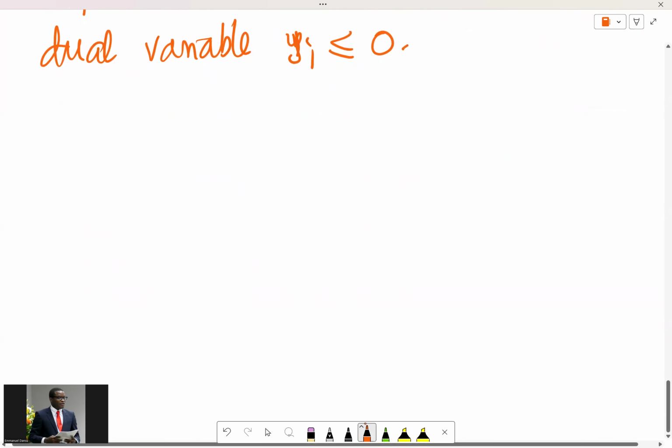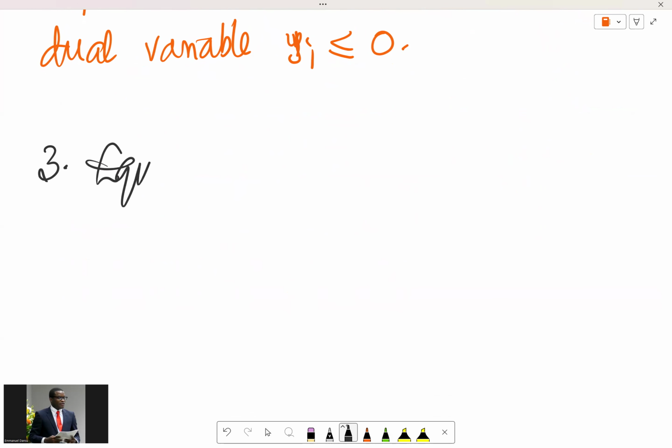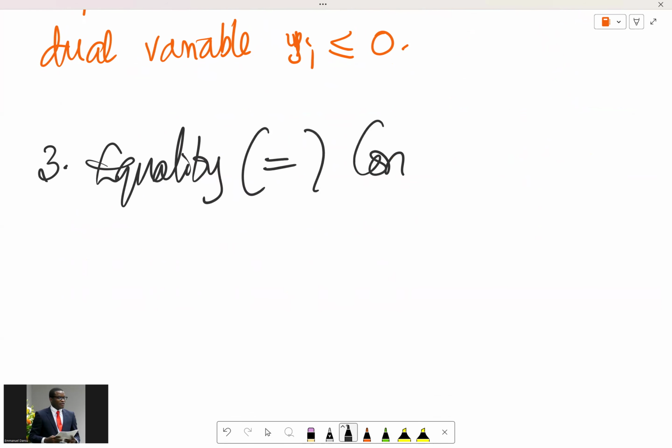Then we can have the third situation where we have equality constraints.